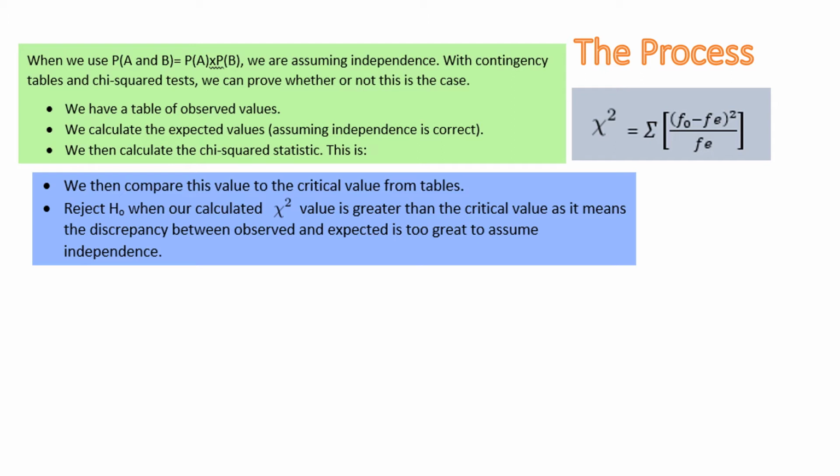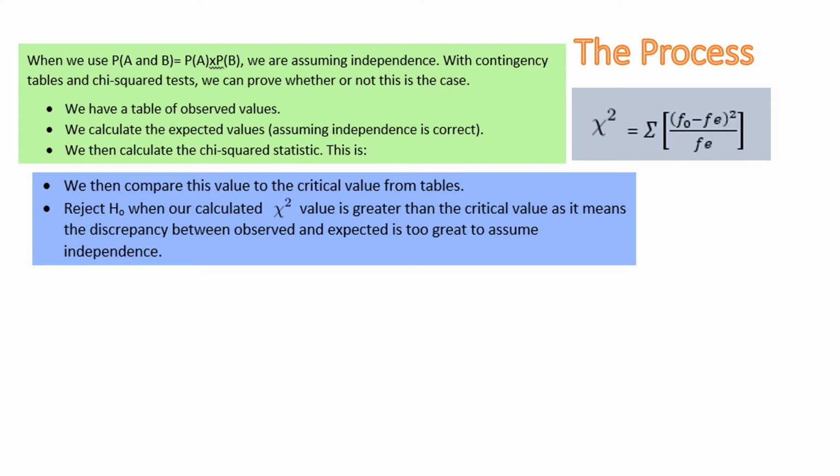Then we're going to find a critical value from tables, which are always given to you, and we will reject H0 when our calculated chi-squared value, so our test statistic, is greater than the critical value. And so basically, if you think about it in terms of discrepancies, the bigger the discrepancy between the observed and the expected, the greater the want to say that they are not independent is.